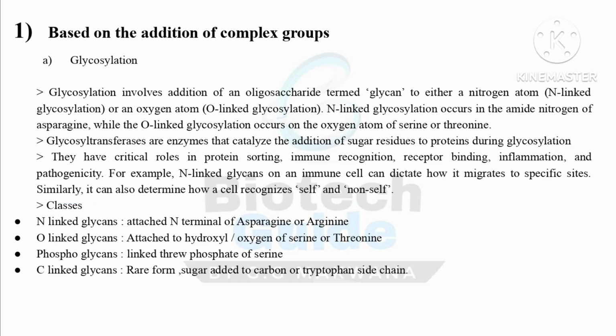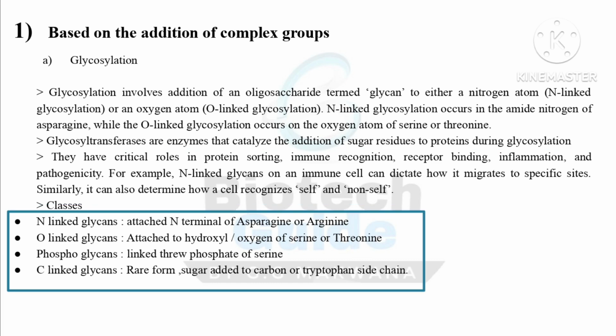Here four classes are included, as I discussed. When a glycan is attached at the site of an amide group, that is defined as N-linked; at an oxygen group it is defined as O-linked. N-linked glycan examples are asparagine and arginine.